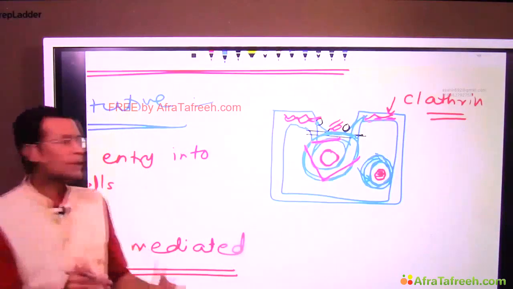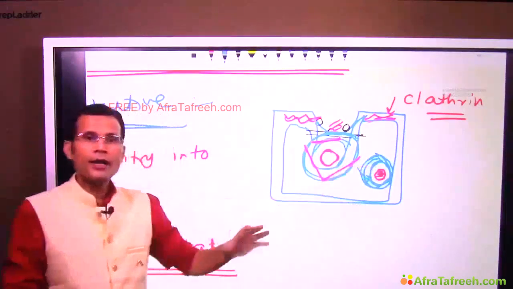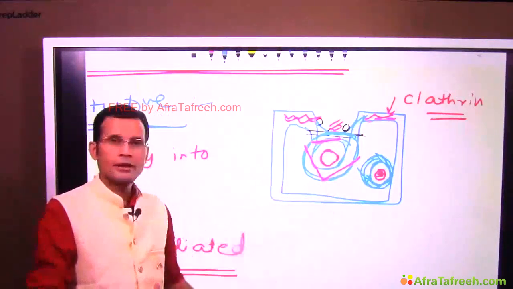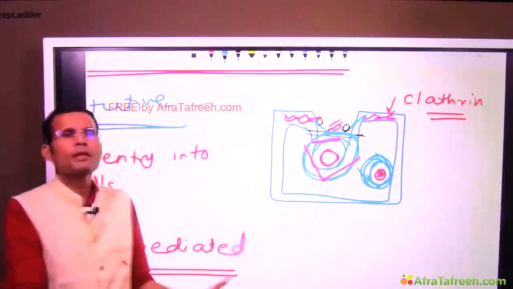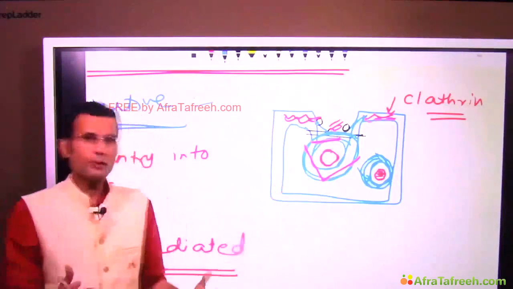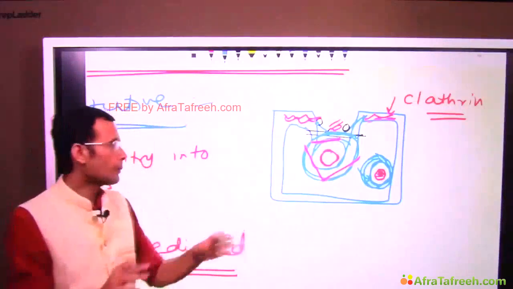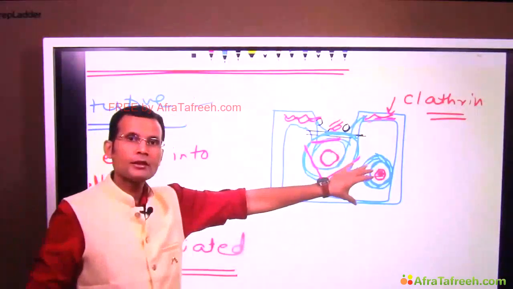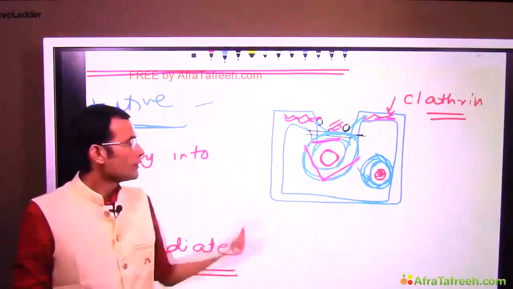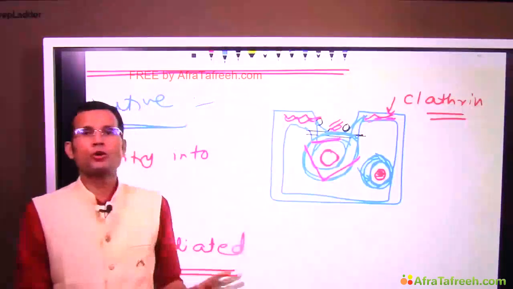Now the next step is that this vesicle has to fuse with some target organelle inside the cell, maybe lysosomes. Before that fusion happens, where the membrane of the vesicle fuses with the target organelle membrane, this clathrin cage has to dissolve.